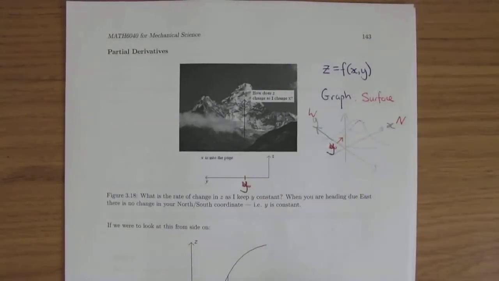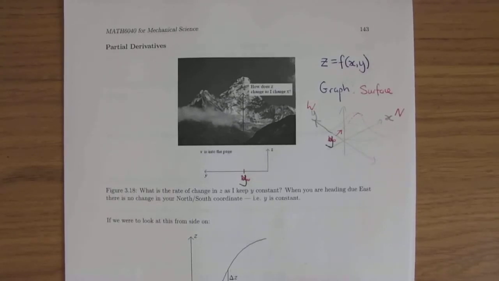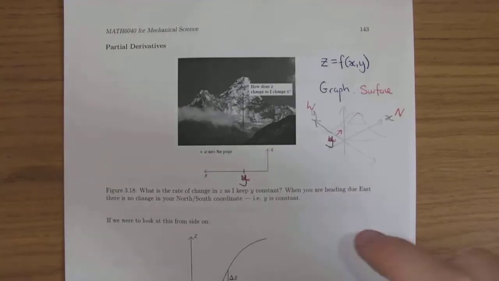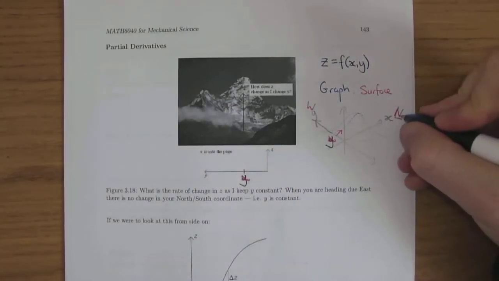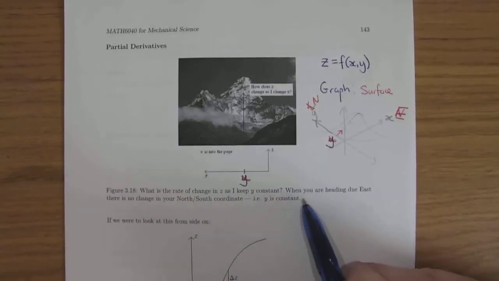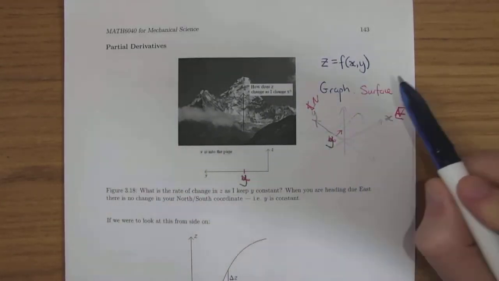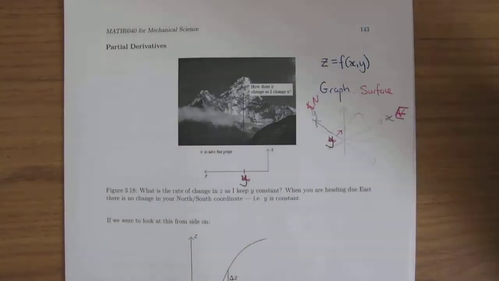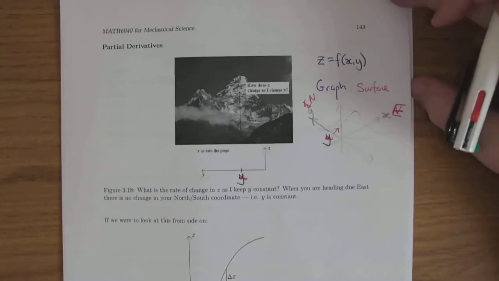Okay, we're getting a bit closer there. Although, I'm going to have to change this around just to be consistent with this. So change this to east and then this to north. So it's saying when you are headed in the east direction, there is no change in your north-south coordinate. Your y coordinate is fixed. Okay, this is what we're talking about here.